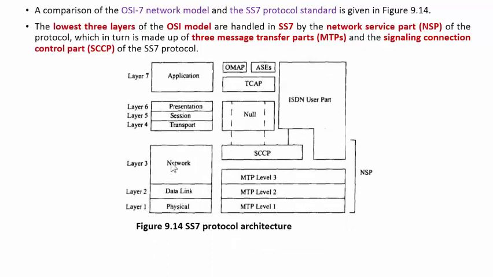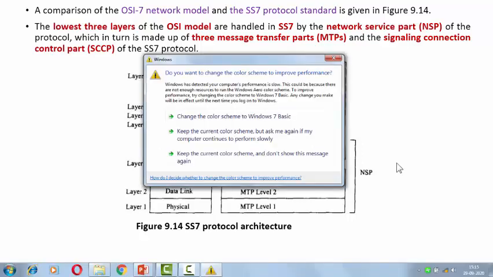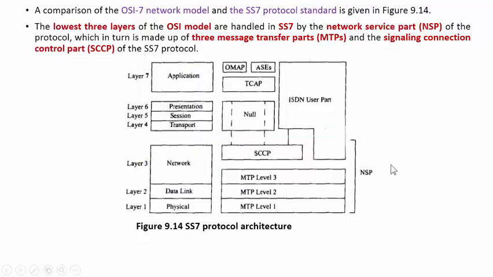Here we can see the 7 layers of the OSI reference model: physical layer, data link layer and network layer. These three layers are mapped on the NSP of the SS7 protocol architecture.